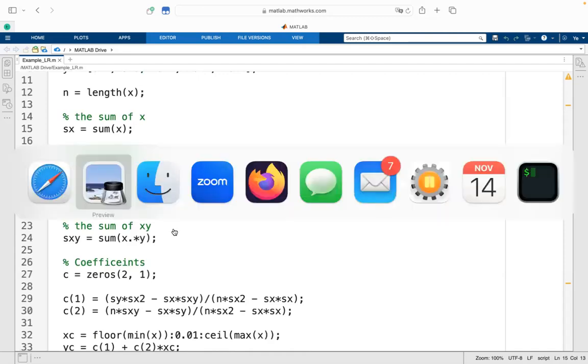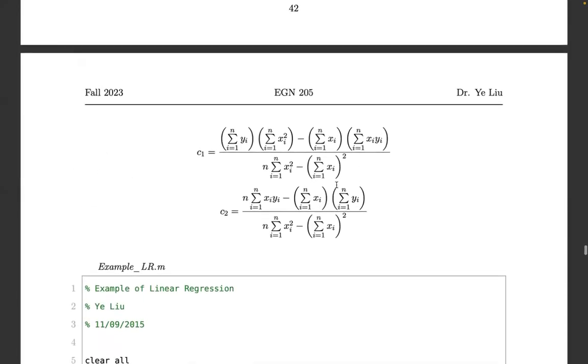So from this formula, we have the sum of y, the sum of x, and the sum of x squared. This is the sum of xi again. This is the sum of x squared. Okay. Then this is the same, xi yi, x y, x squared, then the sum. Okay.